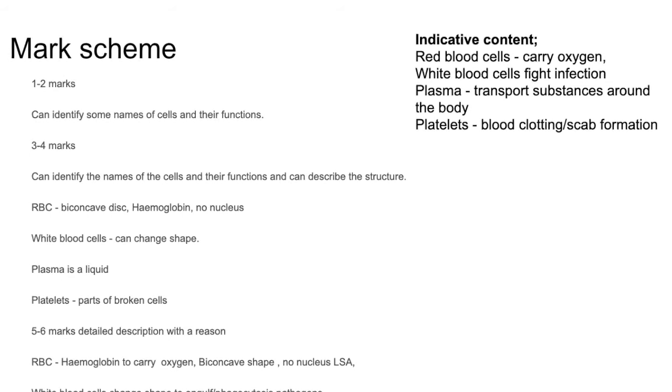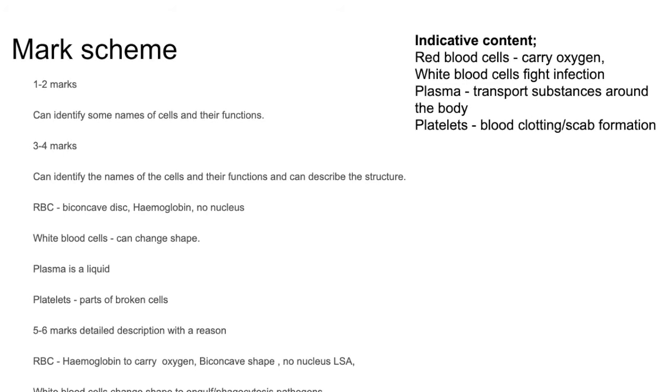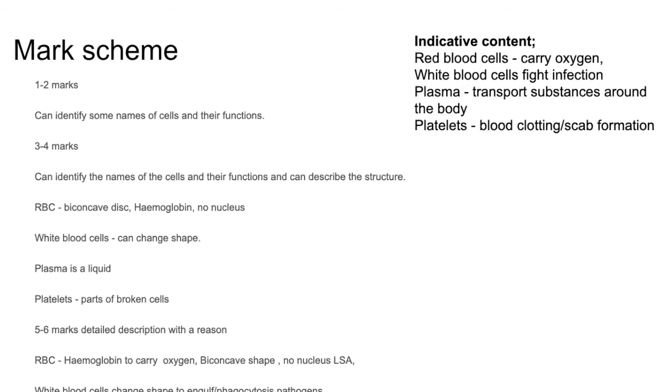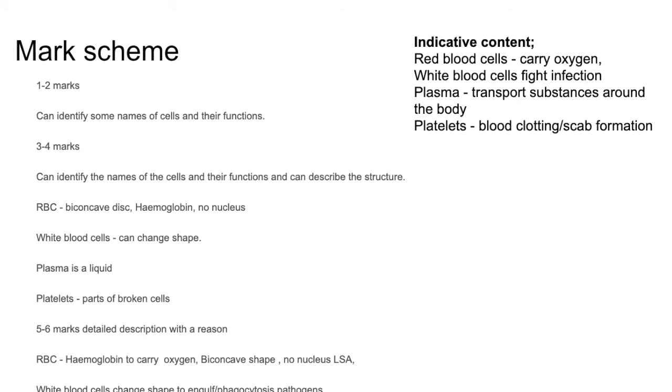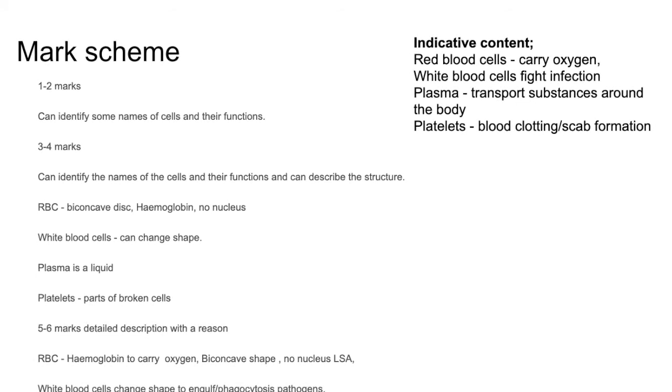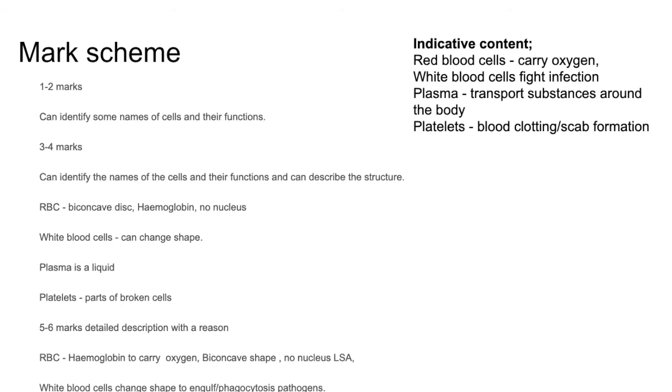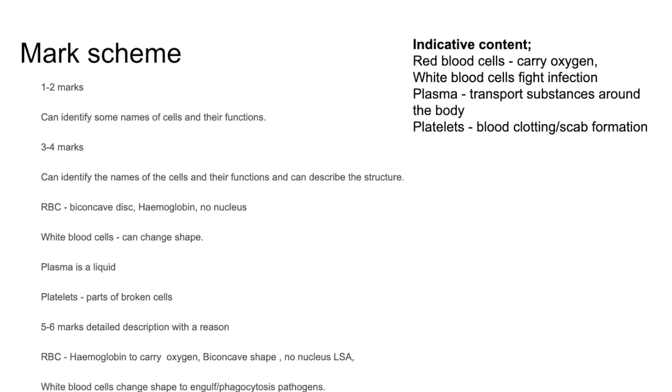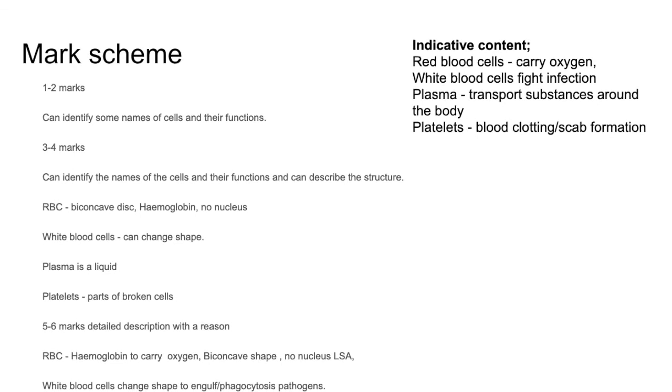Finally, if you want the full 5 or 6 out of 6 mark answer, there's a need to explain in a bit more detail the adaptations. So the red blood cells have haemoglobin, that's the red bit, and the reason they have that is because it can combine with oxygen. That's its job. That's how the structure matches or makes it better able to do its job. The shape means it can combine with more oxygen.